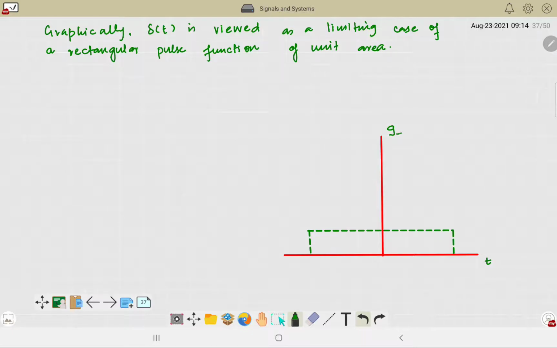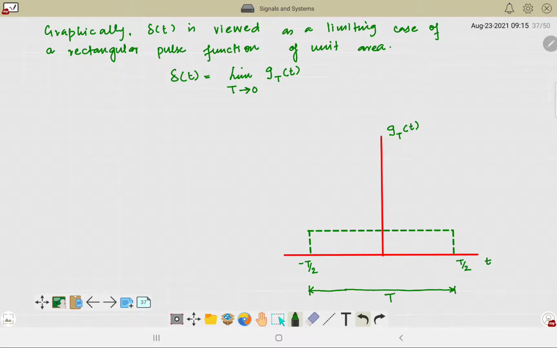Sometimes we call it a gating function, so let's denote it by g of t. And on this basis we tend to define our unit impulse function. So how do we define it? We define it like this, that delta t is the limiting case as the time period tends to 0. Now here is my gating pulse. It spans from minus T by 2 to T by 2.